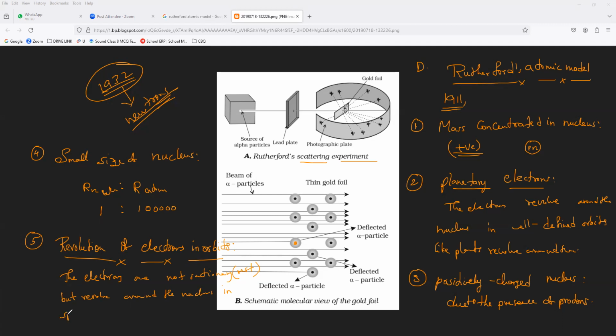What is that path called? Orbit, or shell; we used to say orbits. Earth revolves around the sun in a particular orbit. In the same way, electrons revolve around the nucleus in a particular orbit.